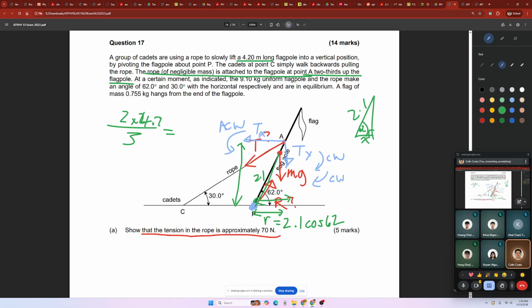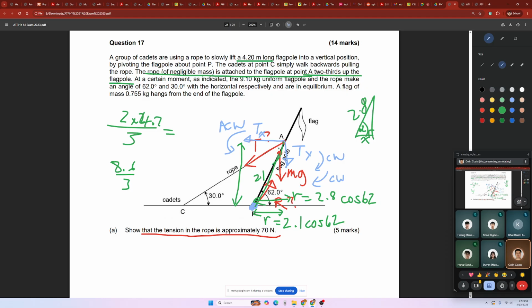Do it on your calculator. That's 2.8. So that R is 2.8. Same, cosine 62, okay?